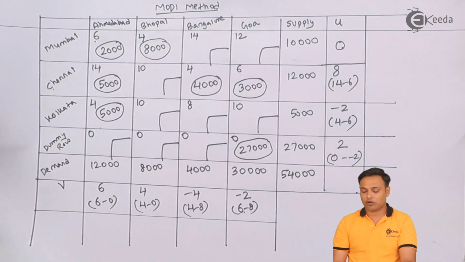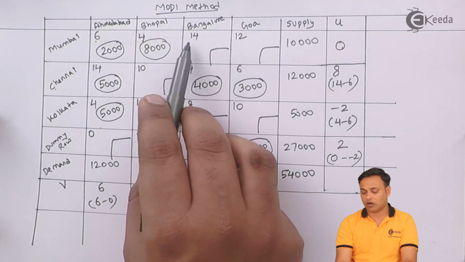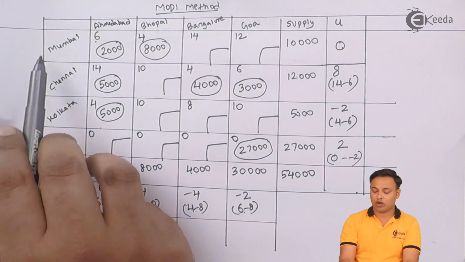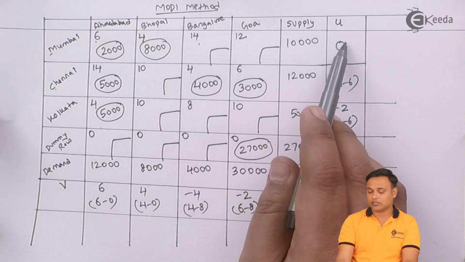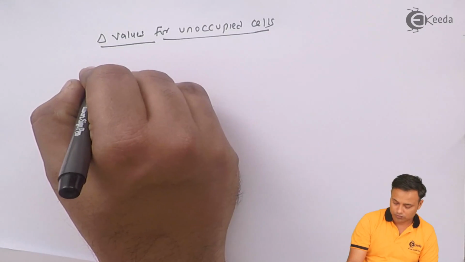My first unoccupied cell is Mumbai, Bangalore, where the cost is 14. So we are going to use the formula cost minus U plus V. So in my first case it will be cost 14 minus 0 plus minus 4.